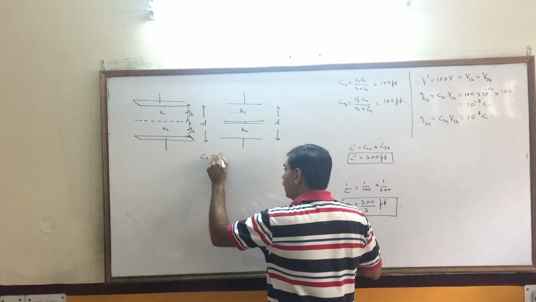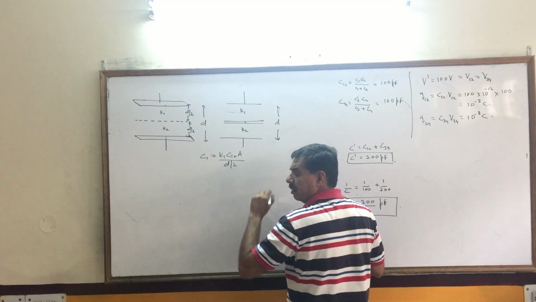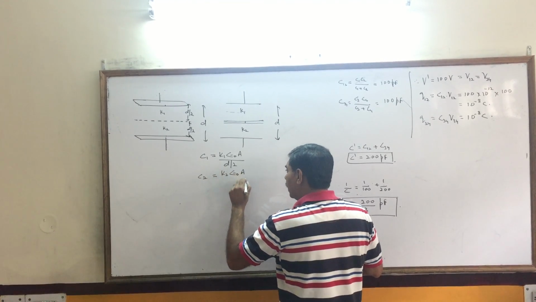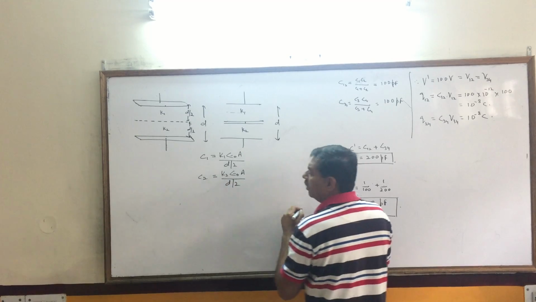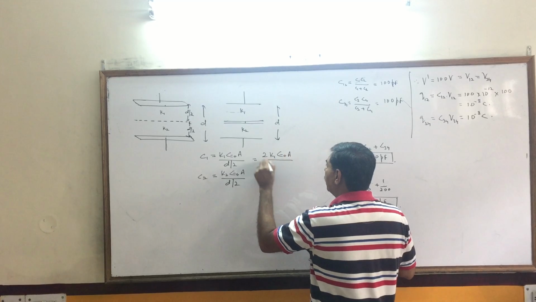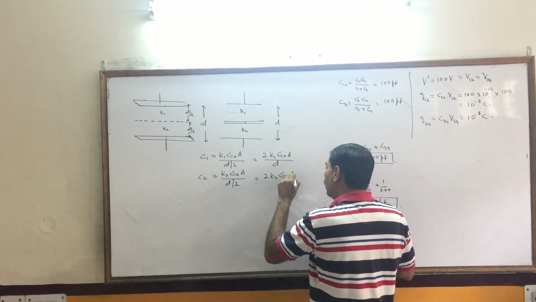C1 कितना होएगा? K1 epsilon naught A by D by 2. C2 कितना होगा? K2 epsilon naught A by D by 2. 2K1 epsilon naught A by D, 2K2 epsilon naught A by D.